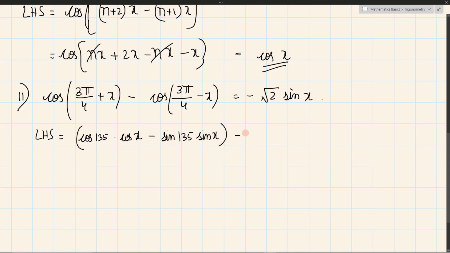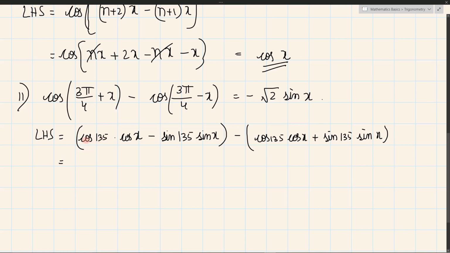minus, again cos of (a minus b). So this is nothing but cos of 135 into cos x plus sine 135 into sin x. Cos of 135 is nothing but 180 minus 45.